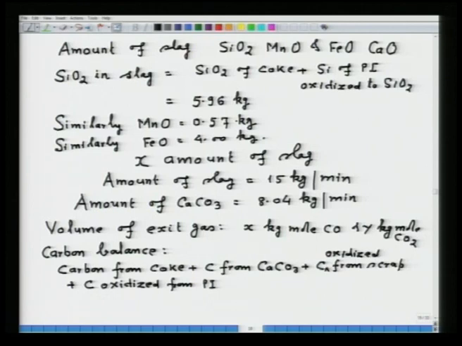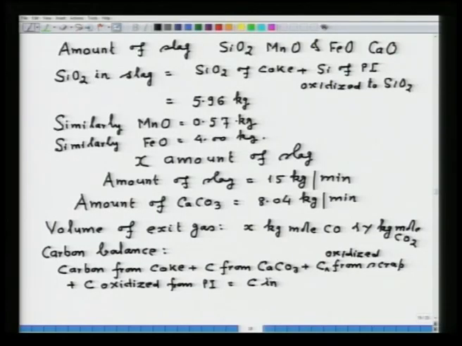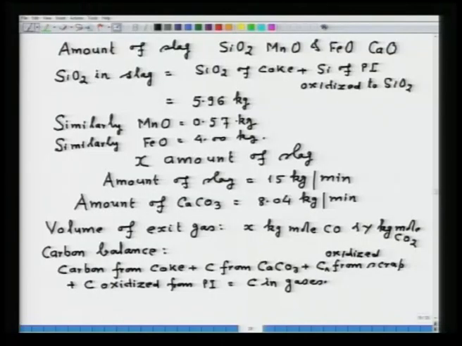Whatever oxidation, all will be in the exit gas. The total carbon balance has to be there. So, that will be equal to carbon in gases, because that amount of carbon will not enter into the gases which has dissolved into the pig iron. Rest from all sources, because input should be equal to output. So, this is about the carbon balance.